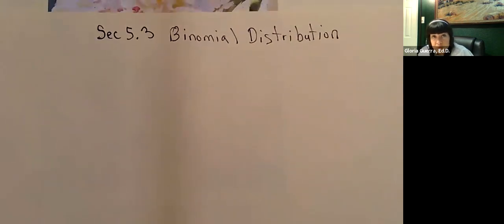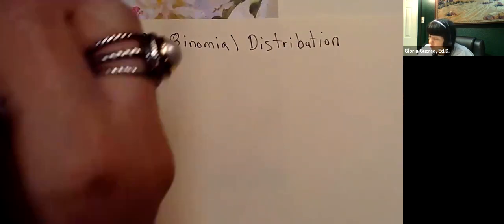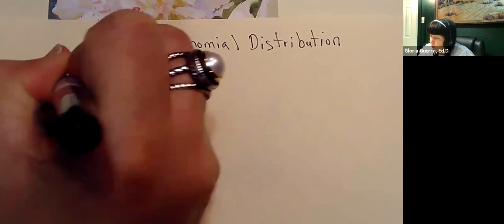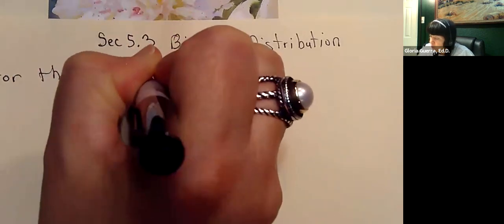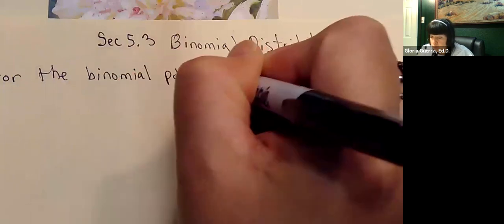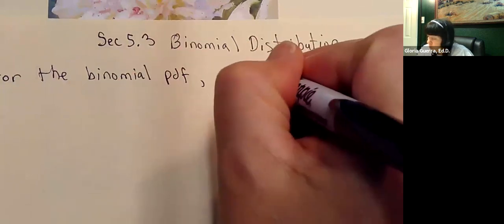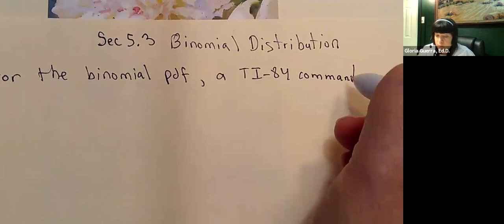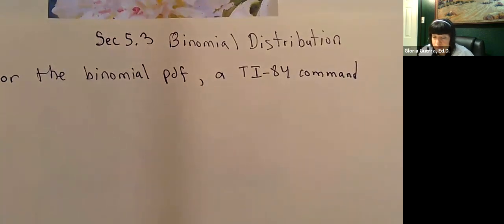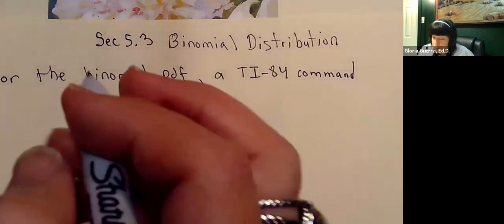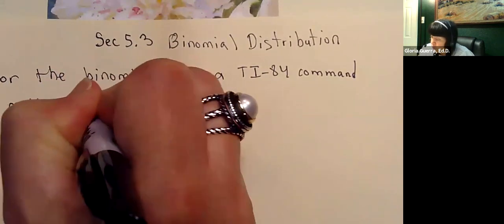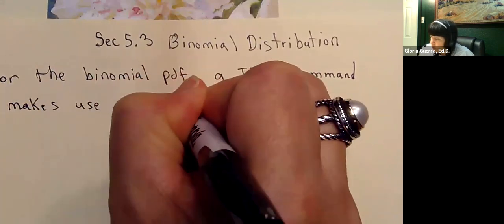Okay, so the simplest example of these binomial distributions will be the usage of exactly. So for the binomial PDF, a TI-84 command makes use of x equals exactly.